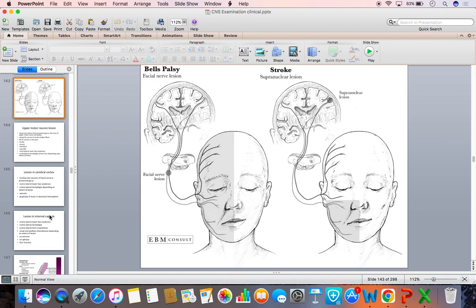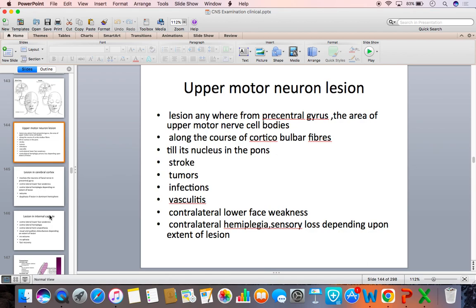You can see this diagrammatic representation of this particular lesion. Then coming to the upper motor neuron lesion in detail. Lesions could be anywhere from the precentral gyrus to the area of upper motor neuron cell bodies near the facial motor nuclei in the pons.